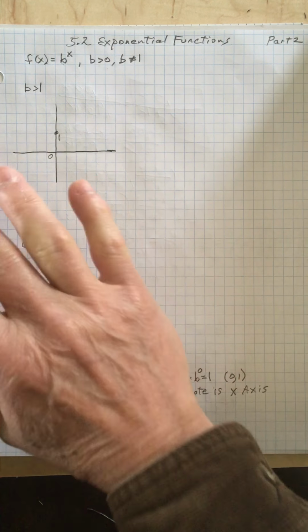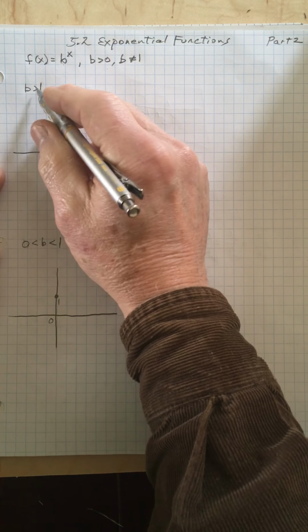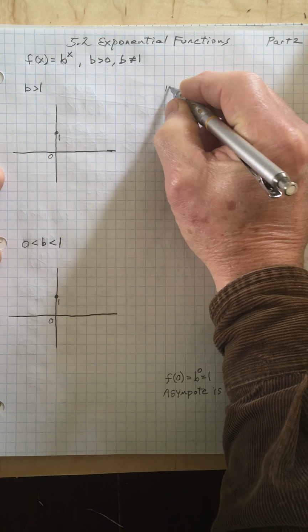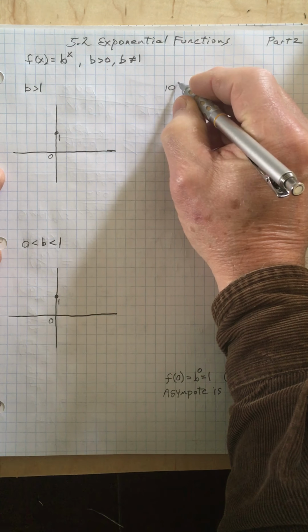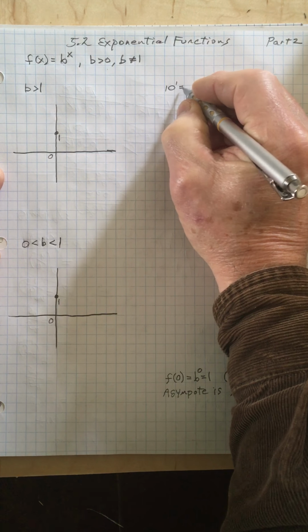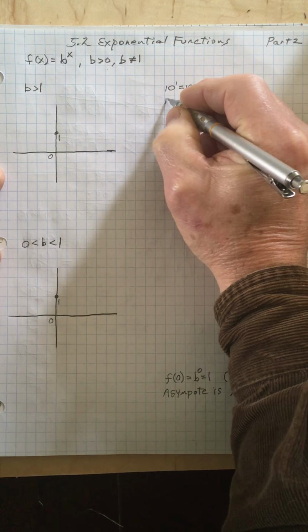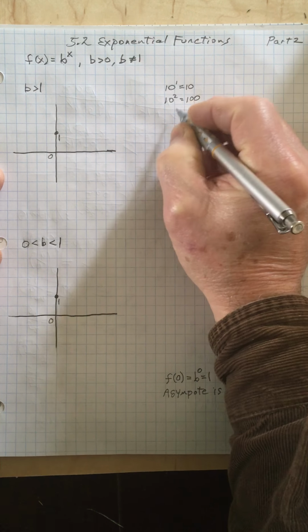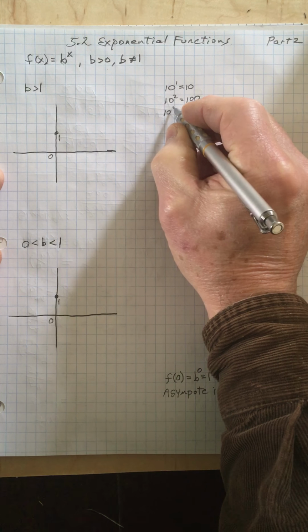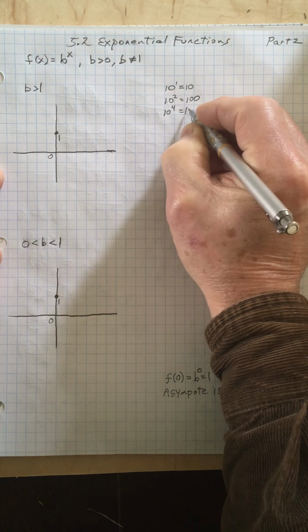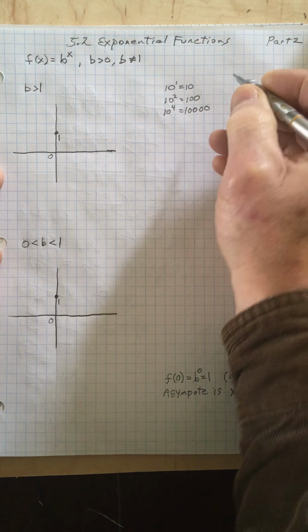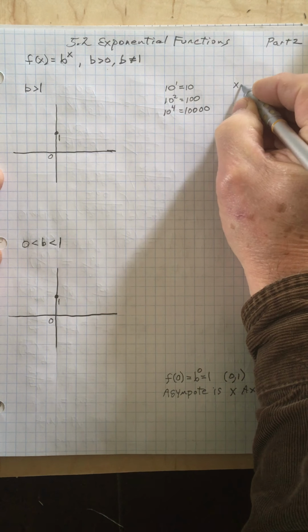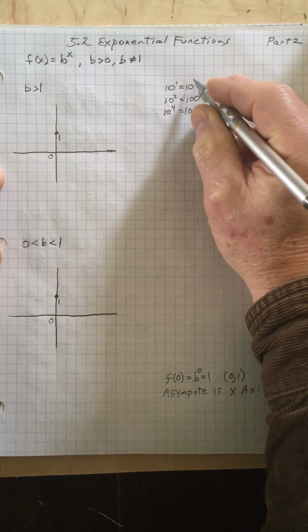Okay. What makes the graphs different? Let's take a look at a number greater than 1. Let's say 10. When I raise 10 to a power, let's just start with 1. As the power increases, let's go say 10 to the 4th. As the power, or as x, increases, what's happening to the function?